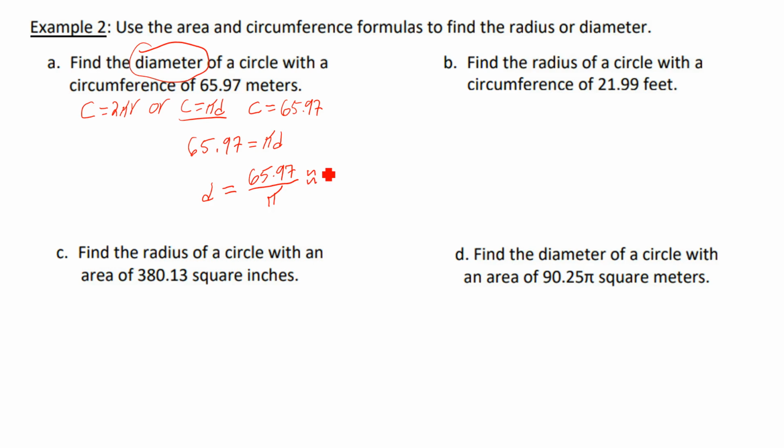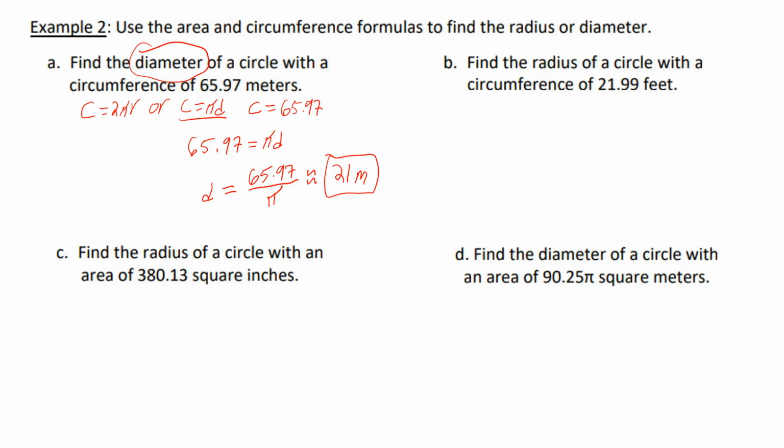Okay, and then again, you can approximate that in your calculator by doing 65.97 divided by pi, 3.14, and you get about 21 meters.